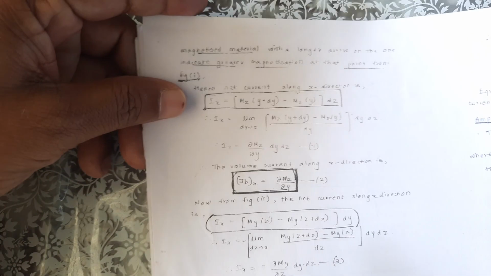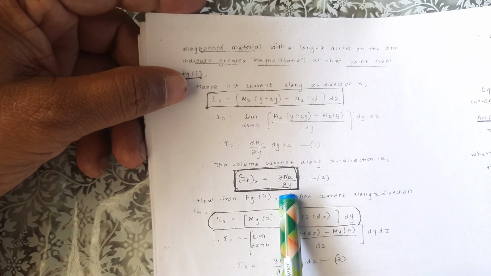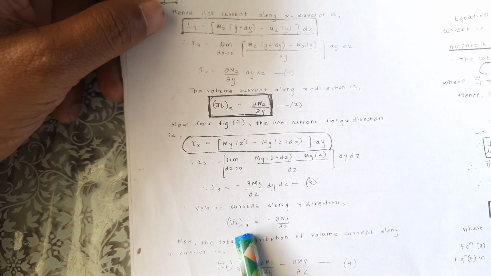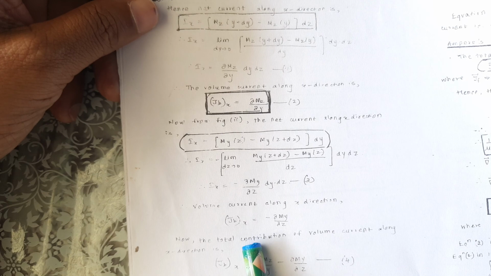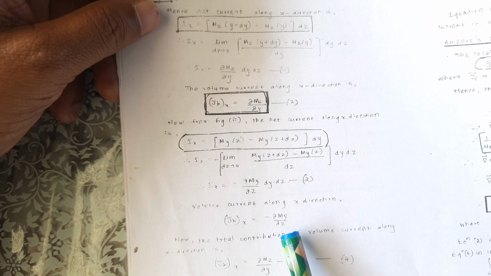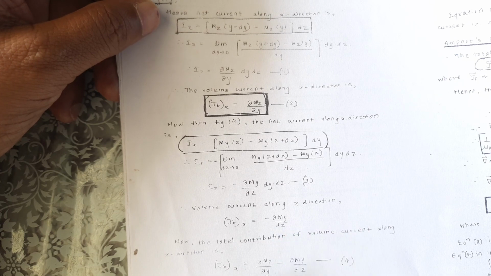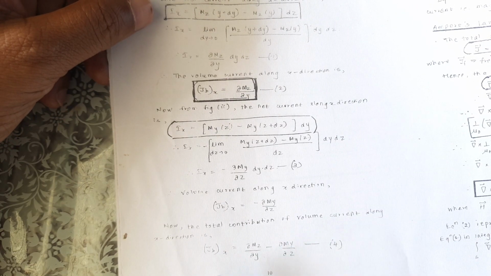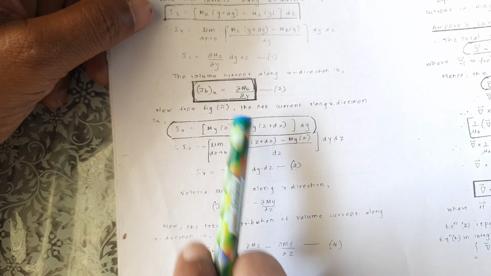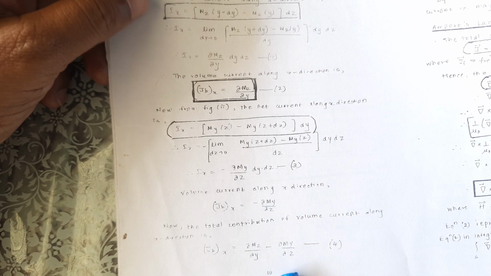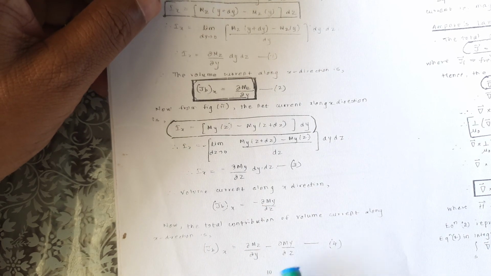Here the current density along the x direction for the first figure is delta Mz upon delta y, and for the second figure it is minus delta My upon delta z. Now the total contribution of volume current along the x direction is delta Mz upon delta y minus delta My upon delta z.